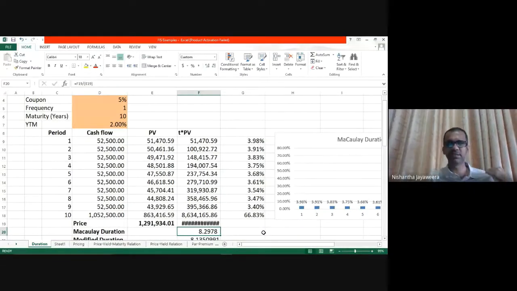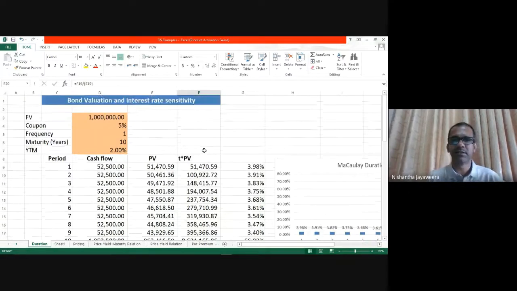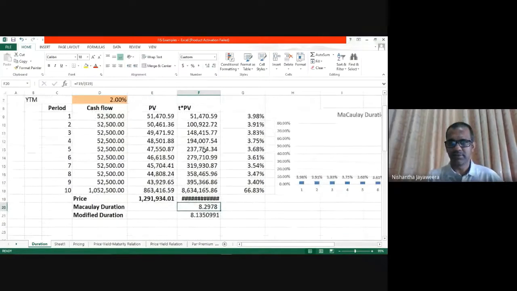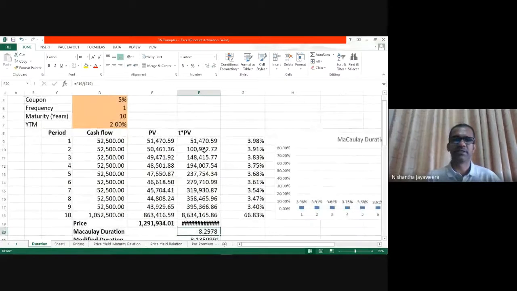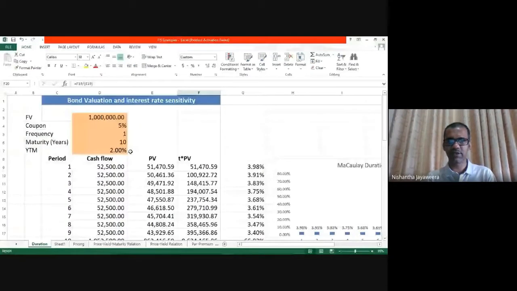So this gives us a measure of how sensitive the price is to a change in interest rate. So this is how we calculate the duration.